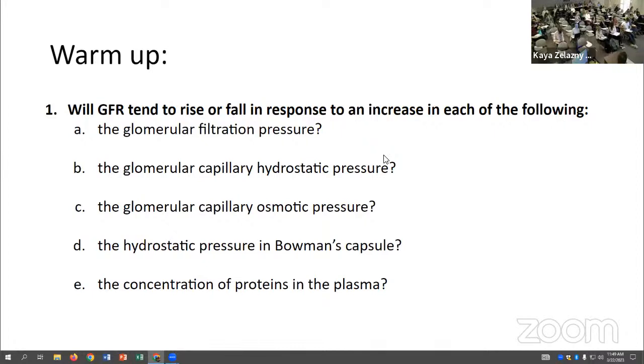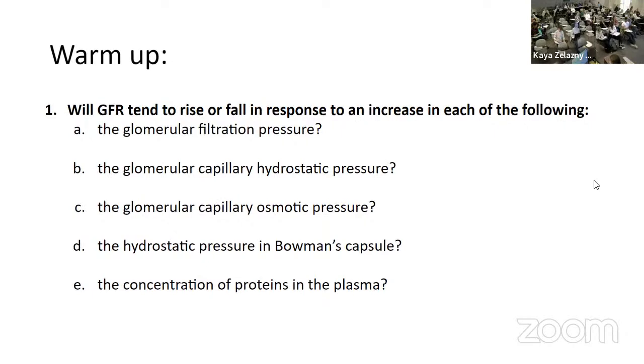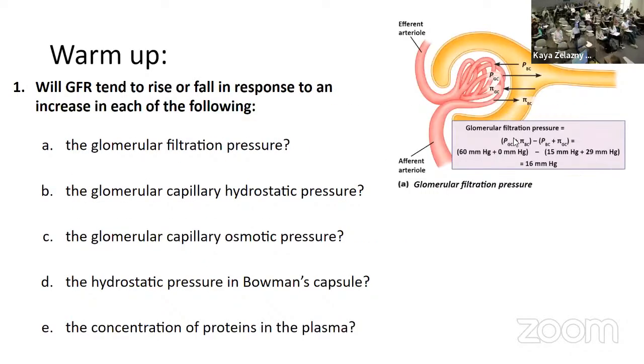Hopefully you recognize that almost all of these are referring to various facets of those Starling's forces that we went over last time. Okay, so I'm going to pull up that little picture with our equation for the glomerular filtration pressure, summarizing the directions of those forces so that we can understand these questions.